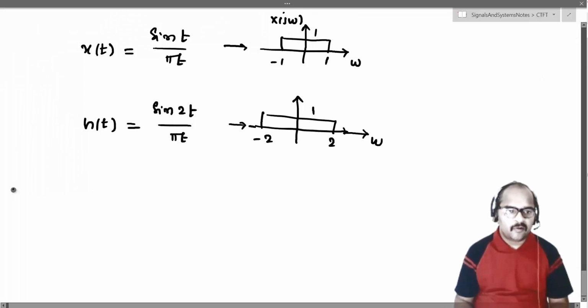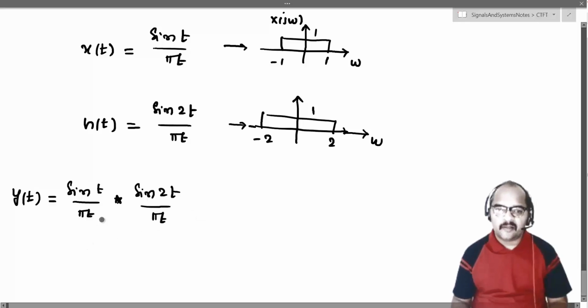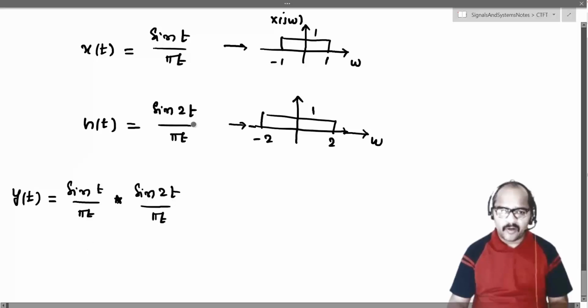Now we want y of t, which is equal to sine t divided by pi t convolved with sine 2t divided by pi t. So h of t is sine 2t by pi t, and this is our h of j omega.